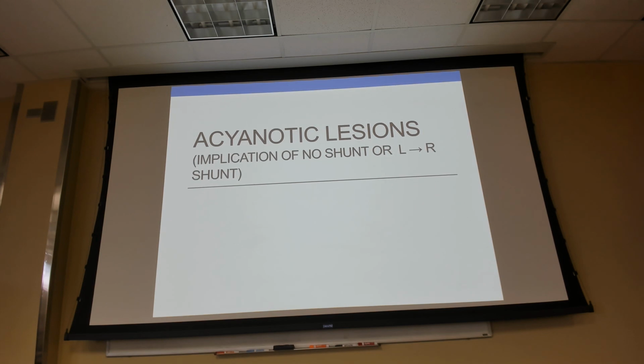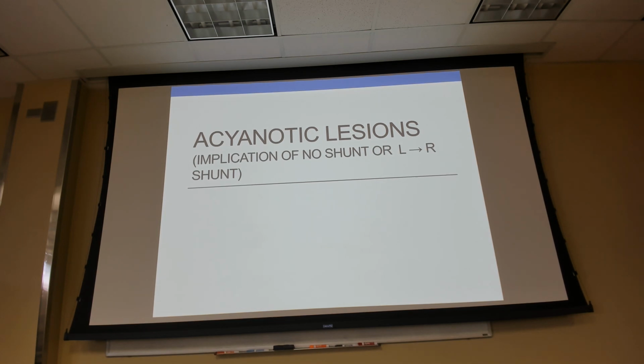Okay. So when we're talking about what does acyanotic mean? Not blue, not cyanotic. So these babies, acyanotic means you have a pink baby, which means that all of your lesions are going left to right, going from oxygenated to not oxygenated. So I'm sending oxygenated blood back to the lungs to get more oxygenated, which doesn't work like that, but that's the way to think of it.